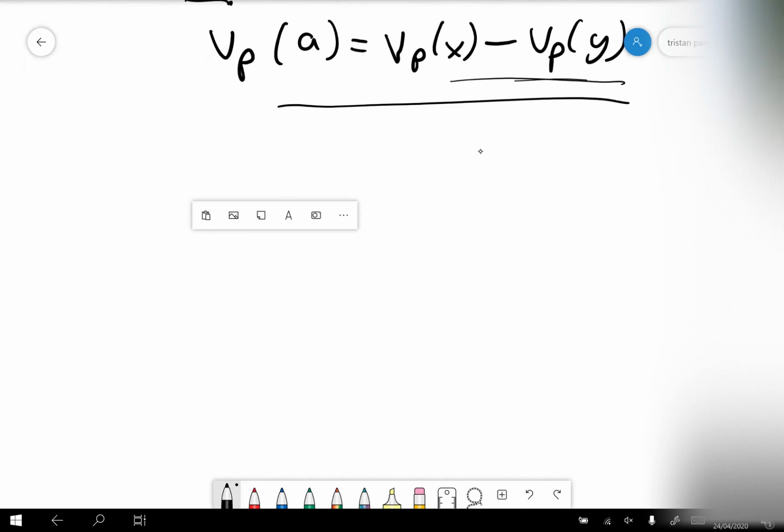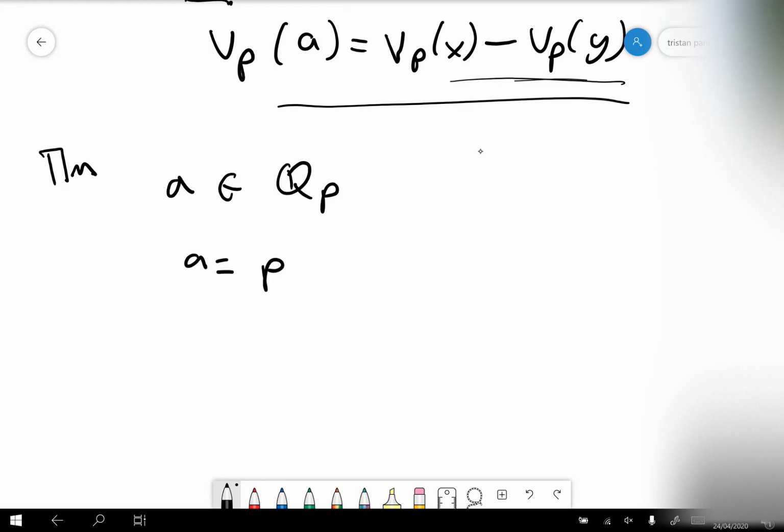And then there's a theorem, or actually a corollary to a simpler theorem. For any a inside the P-adic numbers, this a can be uniquely written in this form, where u is in Z_p star.